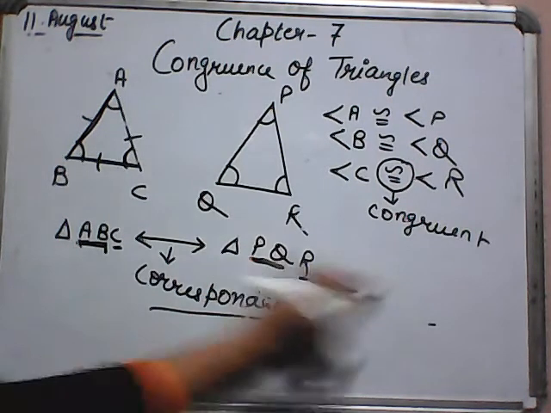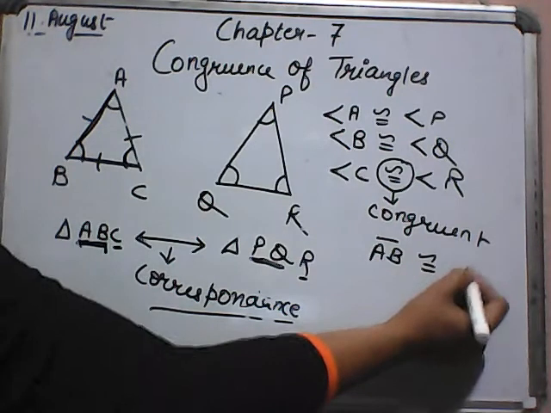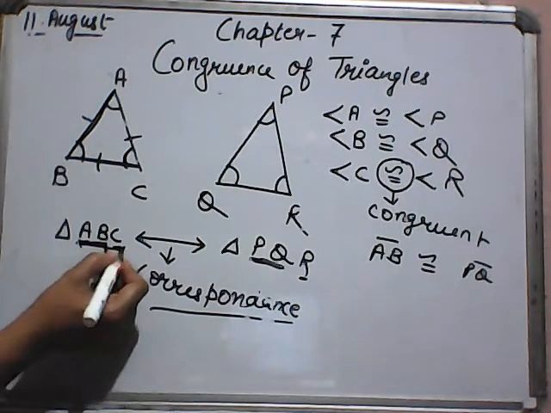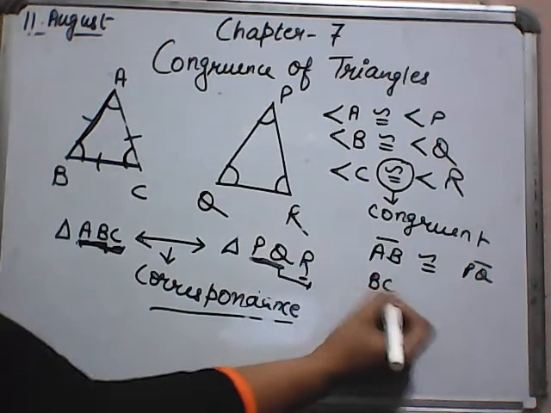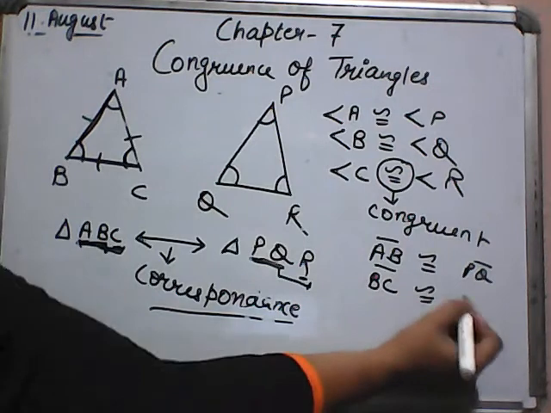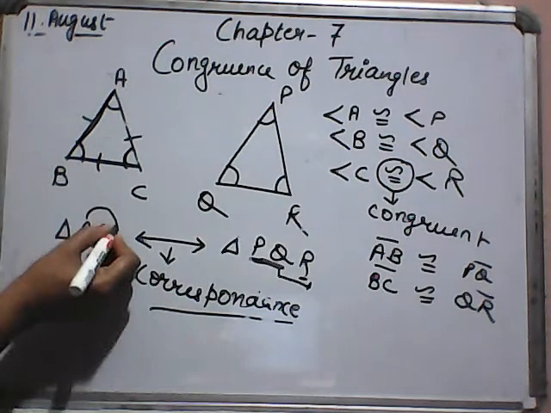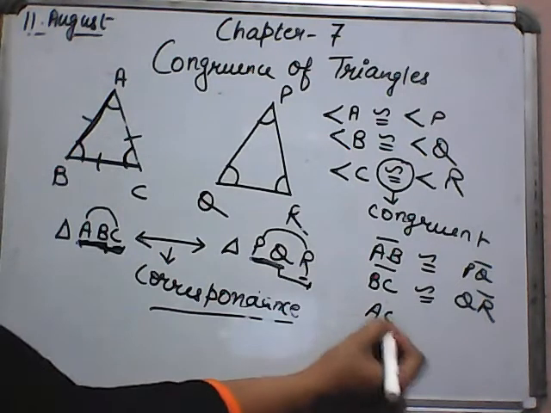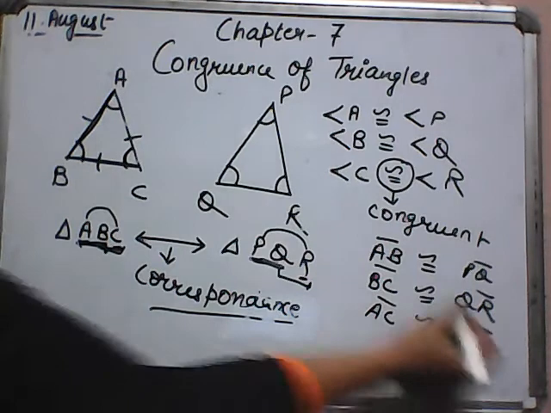Here the first two vertices: AB side is congruent to PQ side. Now, the second and third vertices. Here, the second and third vertices: BC side is congruent to QR. Now, the first and third vertices. Here, the first and third vertices: AC is congruent to PR.